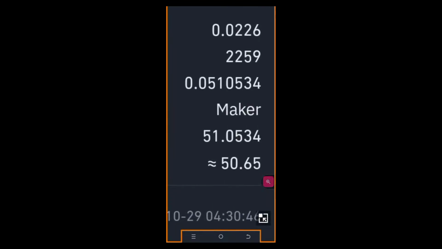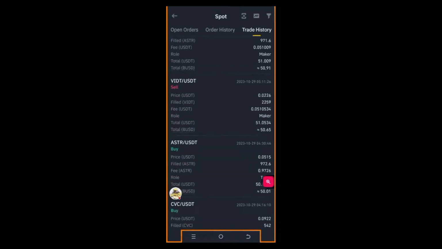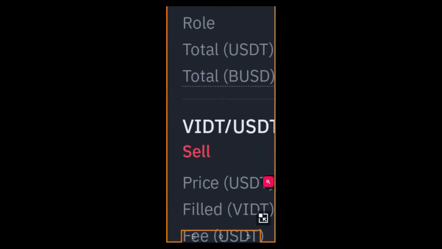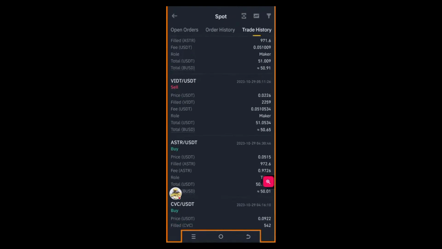Removing the fees, that's about 105 minus 5 cents, which means we made $1. That's 2%. Our 2% target was met and crushed, and we executed beautifully. That's VIDT USDT.